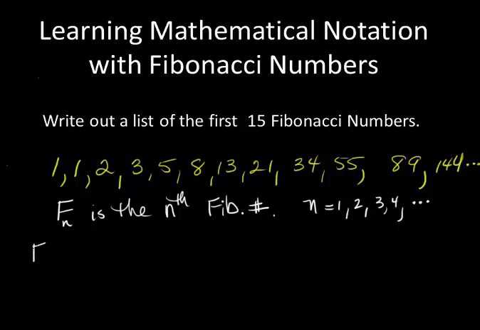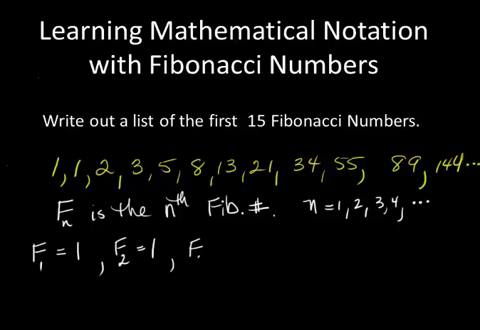So if I write f sub 1, you know that that is the first Fibonacci number, which is 1. And f sub 2 is the second Fibonacci number, and I just count over twice, and I see the second one is also 1.